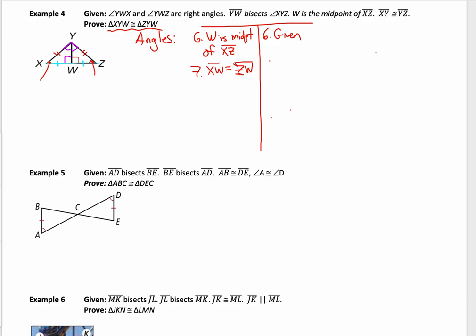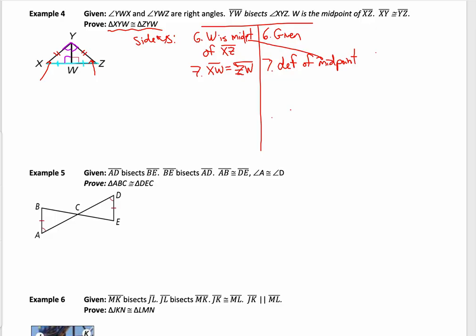XW is congruent to ZW. Why? That's the definition of a midpoint. Again, I'm using what I just said to justify what I'm now saying. Okay? Realize we're working on sides now, right?